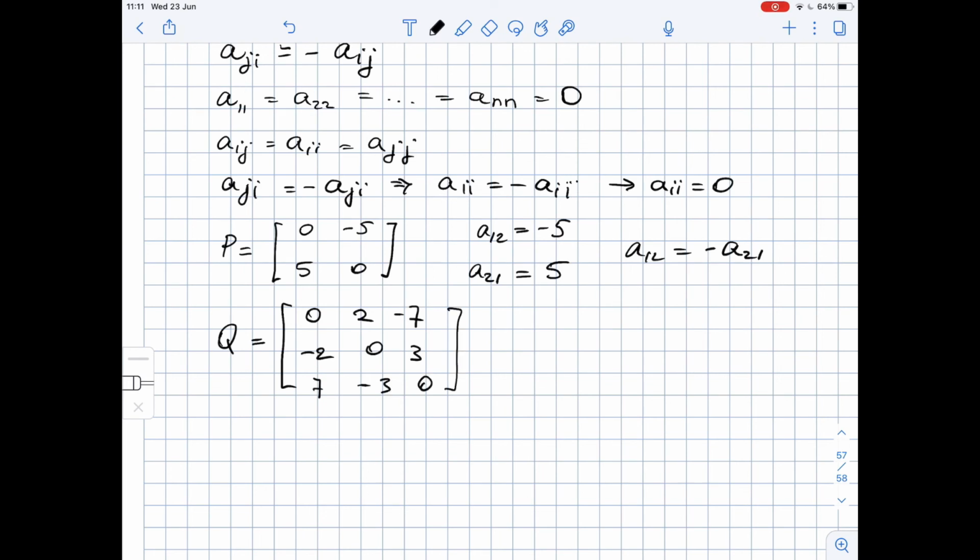Again, as you can see, the diagonal entries equal 0, while a_12 equals 2, a_21 equals negative 2, a_13 equals negative 7, and a_31 equals 7, a_23 equals 3, and a_32 equals negative 3. So that's why this is a skew-symmetric matrix.